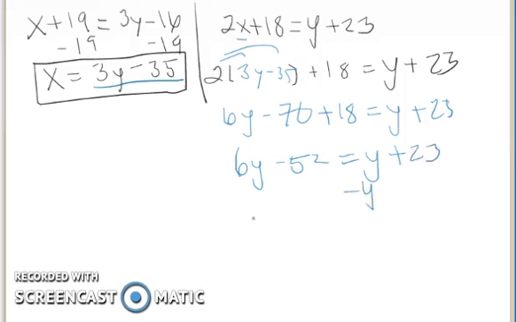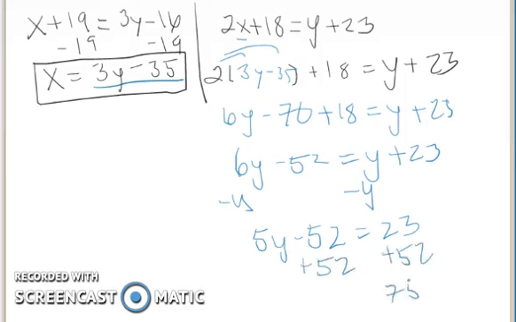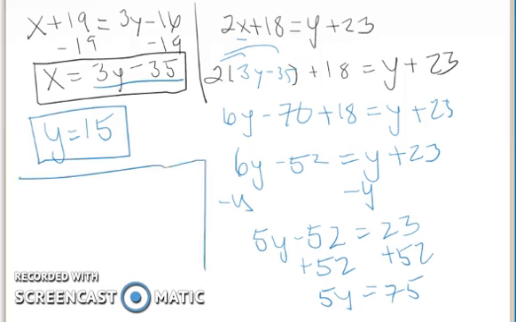Subtract the y over. 5y minus 52 equals 23. Add 52. 75 equals 5y. Y equals 15. Once I have that, I can plug it into my other equation.